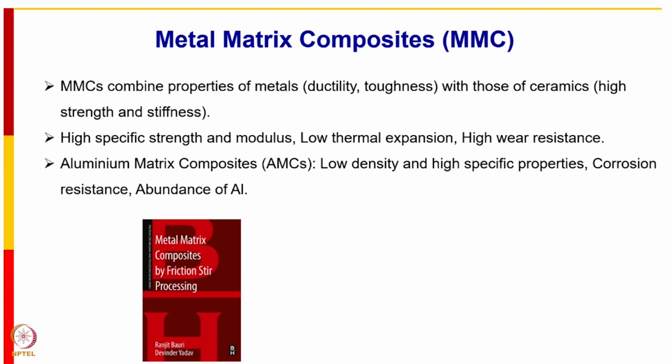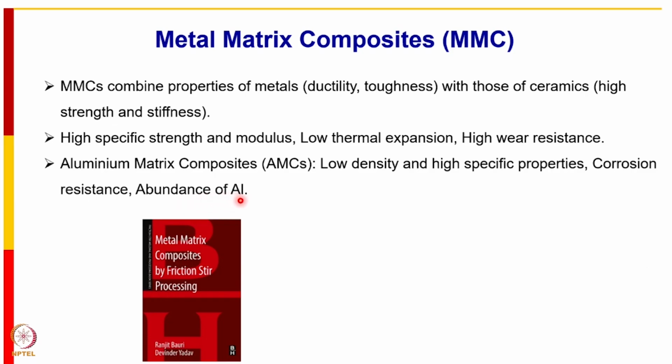And apart from that, you also have good corrosion resistance in such materials, aluminium based composites, because aluminium itself exhibits good corrosion resistance. And the other advantage for this kind of aluminium based composite materials is the abundance of aluminium.